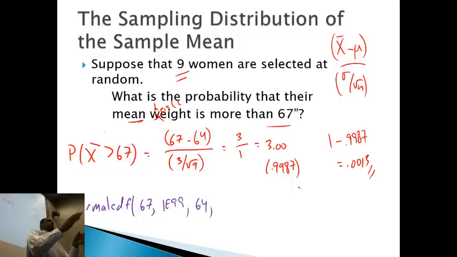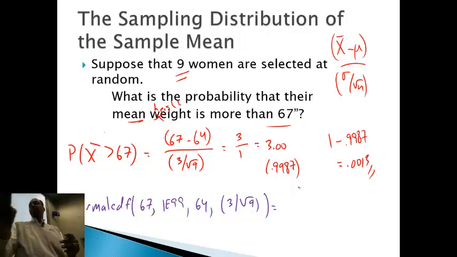But then you have to put the entire expression in, 3 divided by radical 9, which of course is just 1, but indulge me here and put the whole thing in. And I got my calculator also. 0.0013.